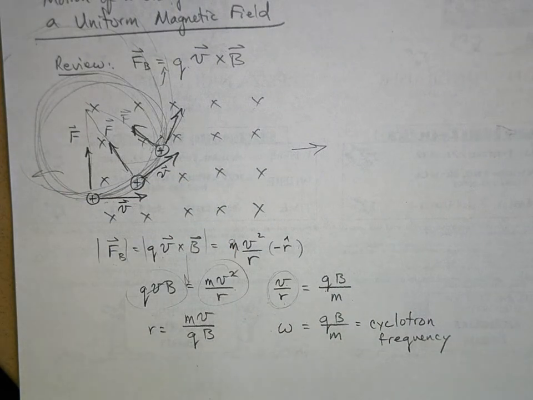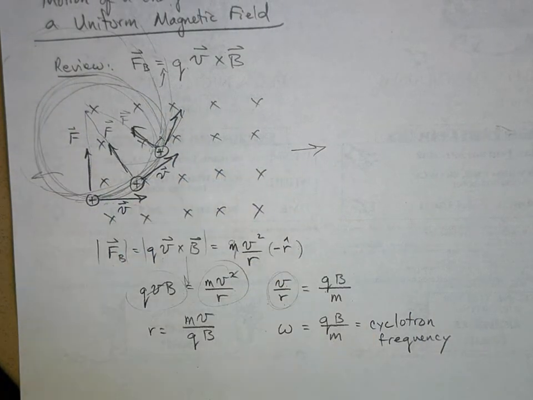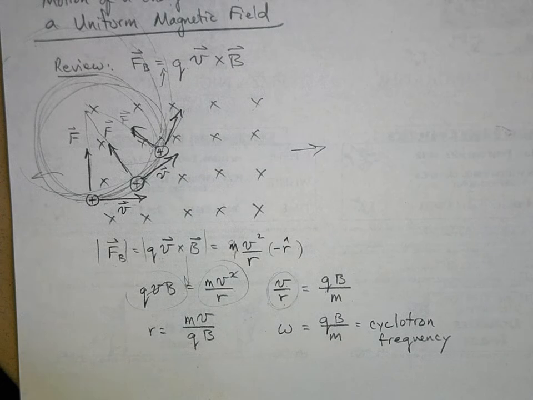We can smash particles together and do particle physics. So how many radians per second is this thing going to go as it goes around its circle? It has a name, cyclotron frequency. But it's really just the angular velocity of our particle that's moving.